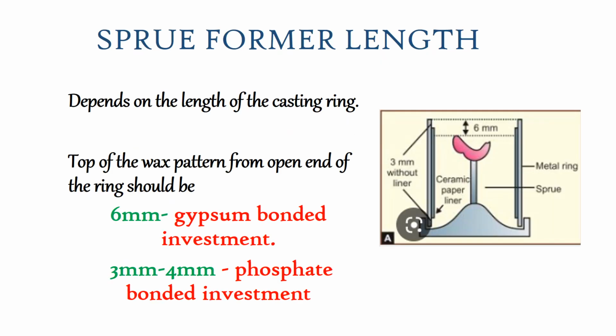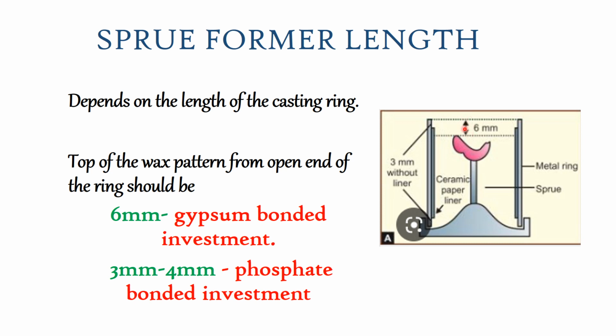Next is the sprue former length. The length of the sprue former will depend on the length of the casting ring. Why? Because the top of the wax pattern from the open end of the ring should be 6 mm in gypsum bonded investment. If you're using gypsum bonded investments, then you have to leave a 6 mm gap from the open side of the ring, so the distance between the open end of the ring and the wax pattern should be at least 6 mm.